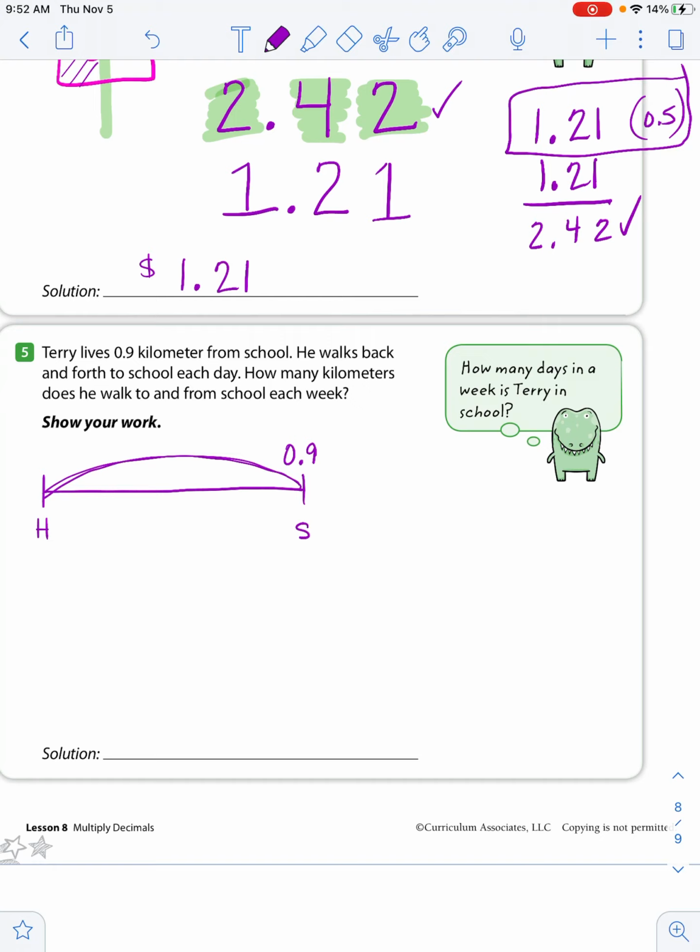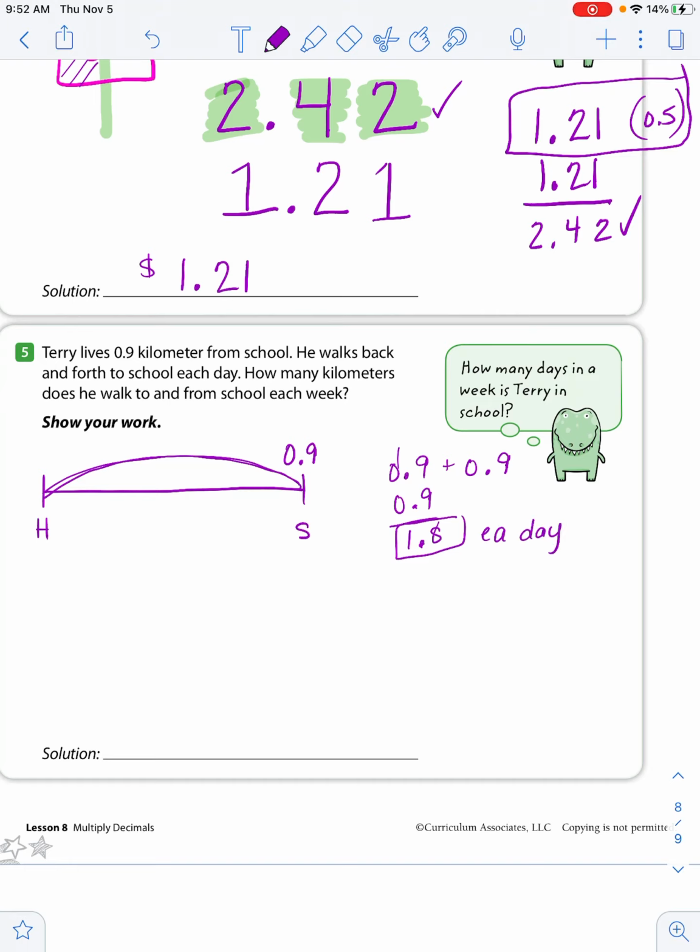Okay, so that would be 9/10 plus another 9/10. So each day if he goes to school and home, that's 2 of those, right? What's 9/10 plus 9/10? 1.8.